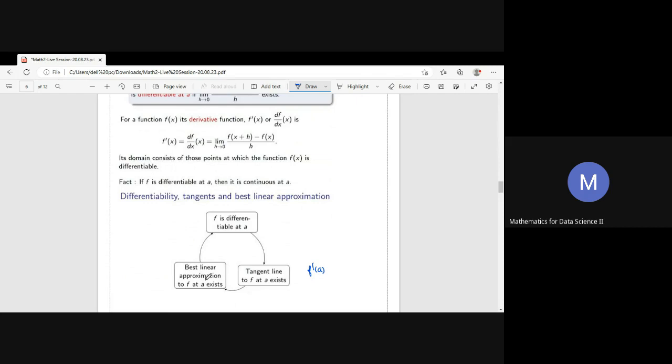So if you want to see specifically what is going on here, what is the equation of the tangent line for one variable? Do you remember? y minus f of a equals f dash of a into x minus a.